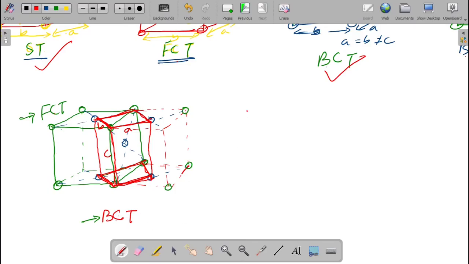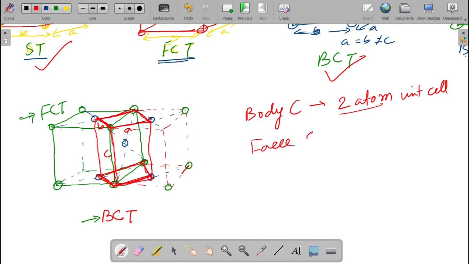Now you know, a body centered unit cell would have effectively two atoms in its unit cell, and a face centered unit cell would have effectively 4 atoms per unit cell. Because face centered has more atoms, you don't choose that.